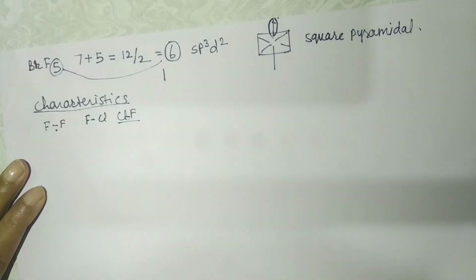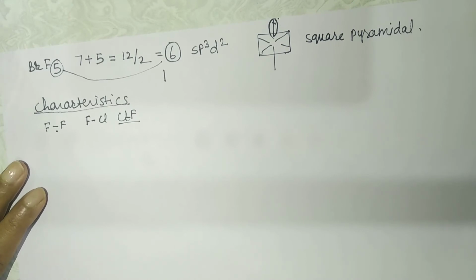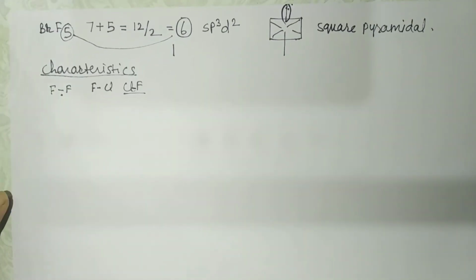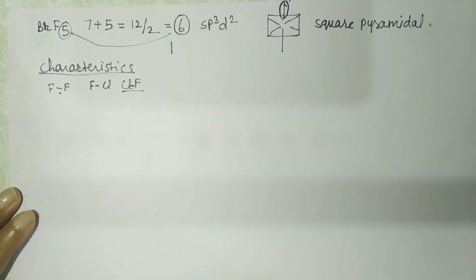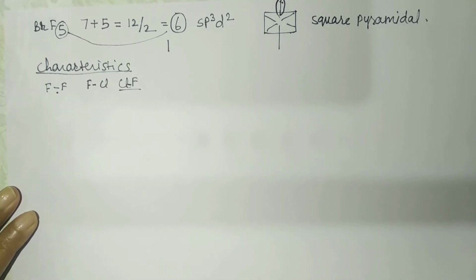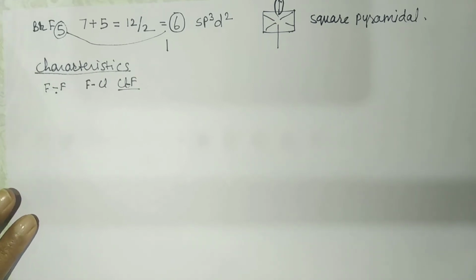And as they have covalent bonds, the electronegativity difference between the halogens is low. This is the first point. Their melting and boiling points will of course increase as the difference in the electronegativity increases.